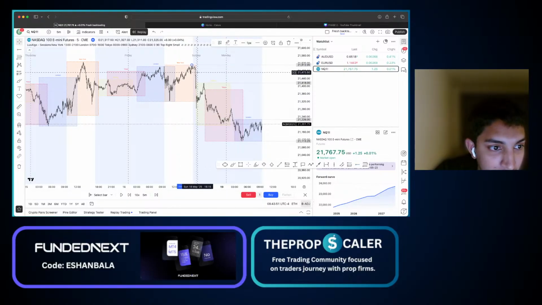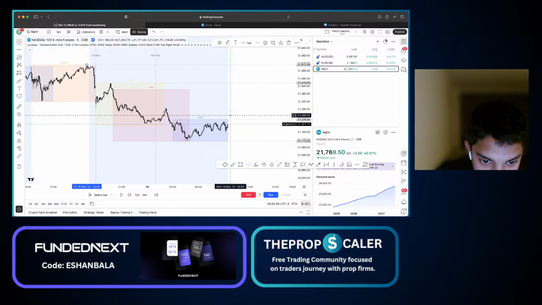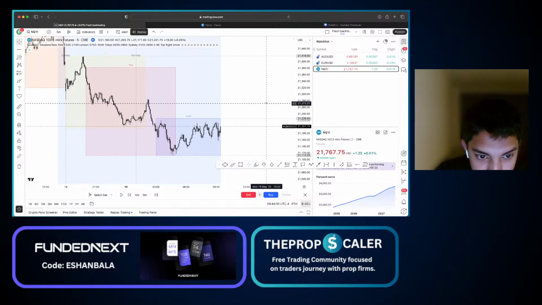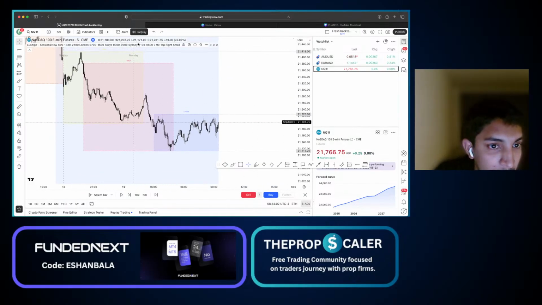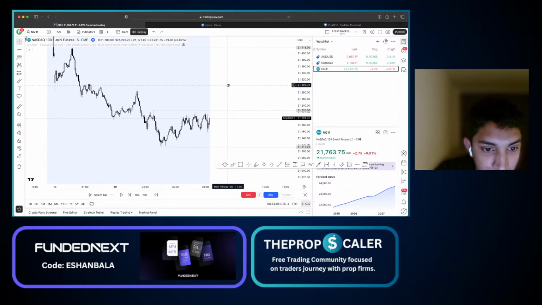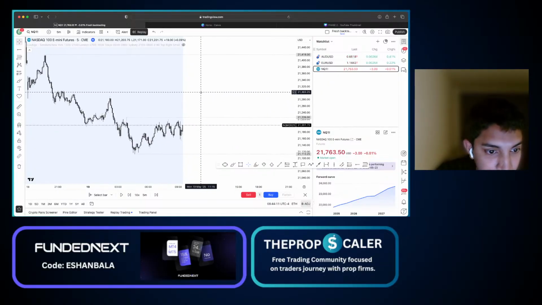We don't mark the previous day low because it's been swept. So there's no need to mark those areas if they've been swept. So now we can get rid of our indicator, and these are the areas of interest that we're looking at.